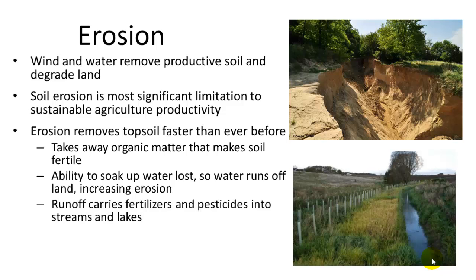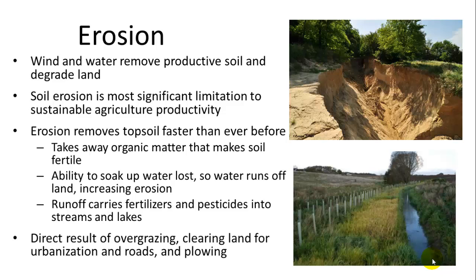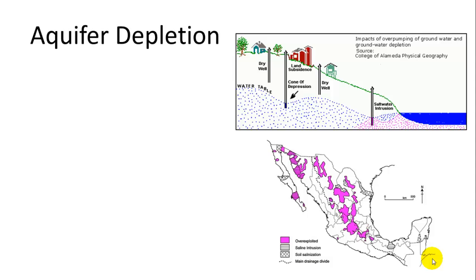Again, the ability to soak up water is lost, and it also carries pollutants into our waterways, such as fertilizers and pesticides. So when lands are overgrazed, or land that was normally forest is cleared, or again impermeable surfaces such as roads are built, all of these increase the amount of erosion that occurs, and decrease the amount of soil and the stability of ecosystems.